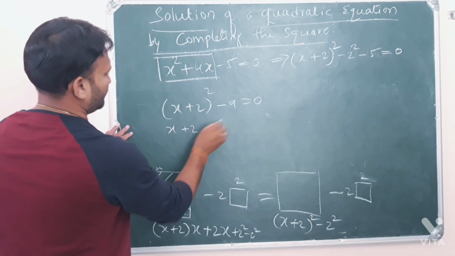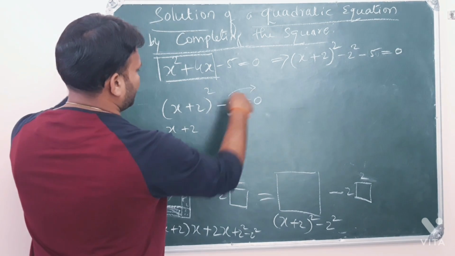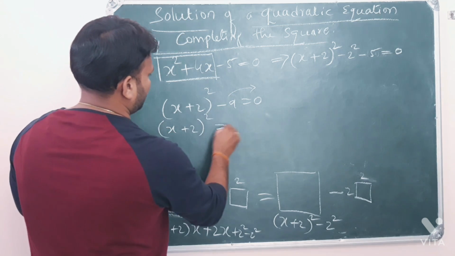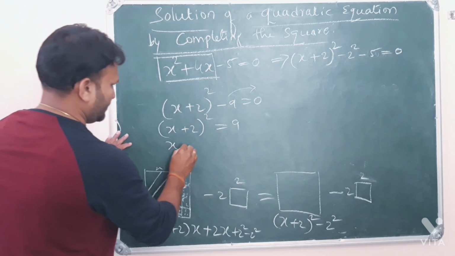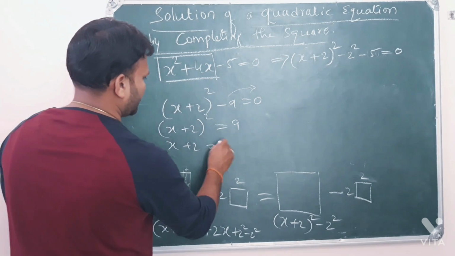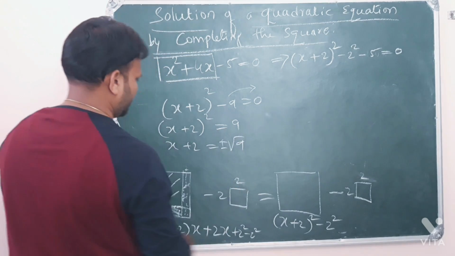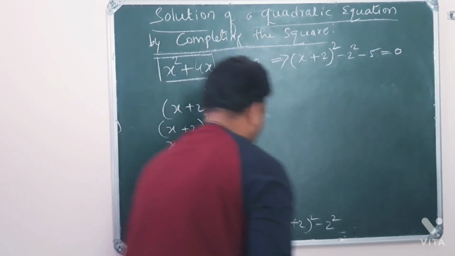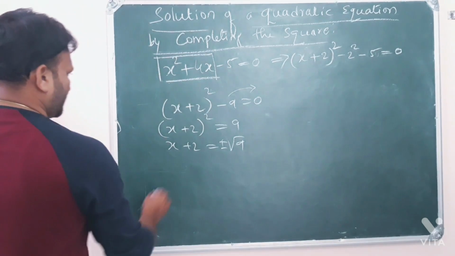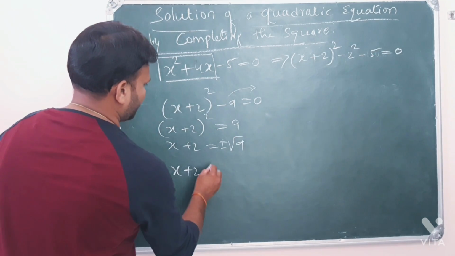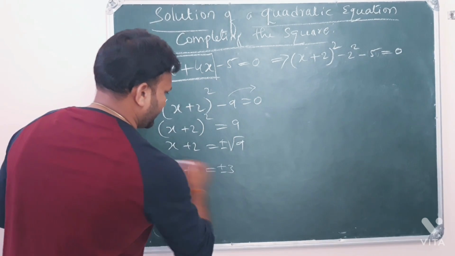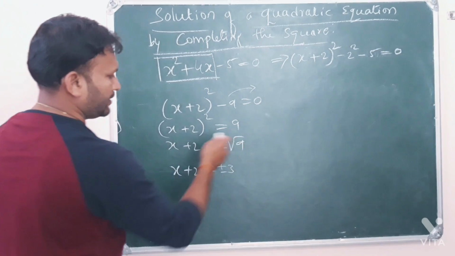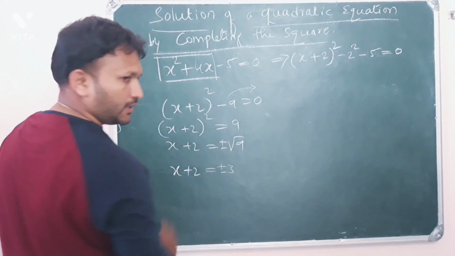(X plus 2) square is 9, if I take this side. X plus 2, if I remove the square, is equal to plus or minus 3, because root 9 means 3.